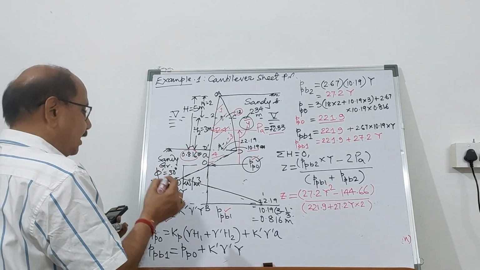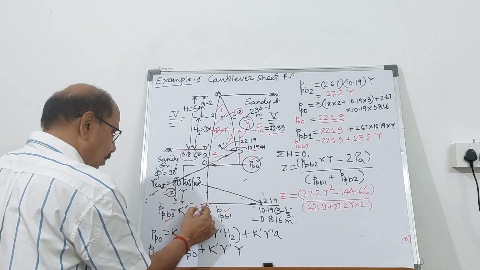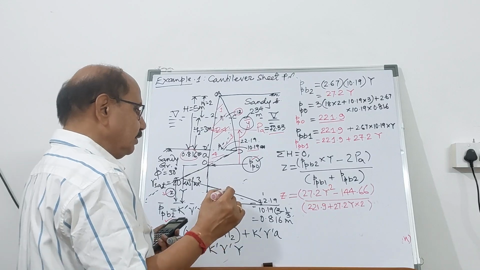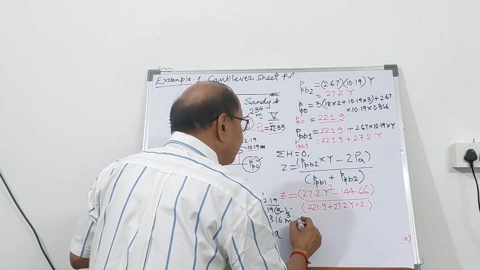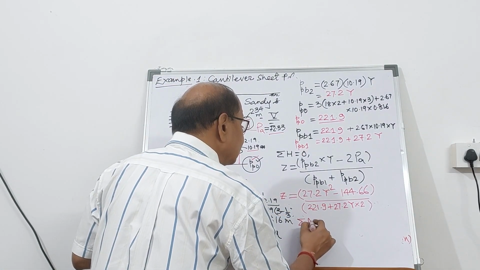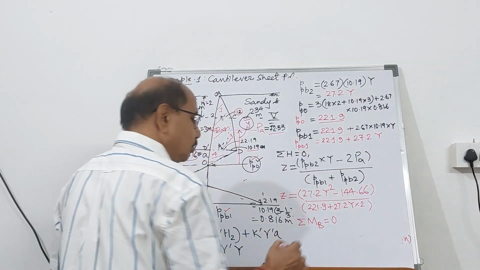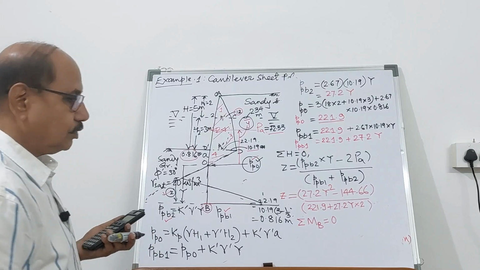Now, if you take the moment about the bottommost point, that is B, and applying the law of statics, sigma MB must be equal to 0.